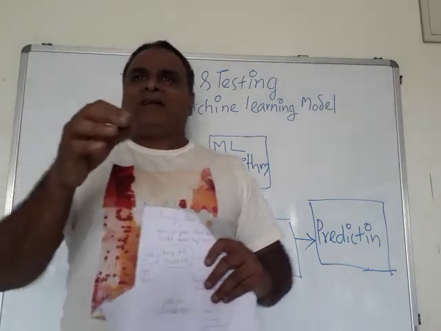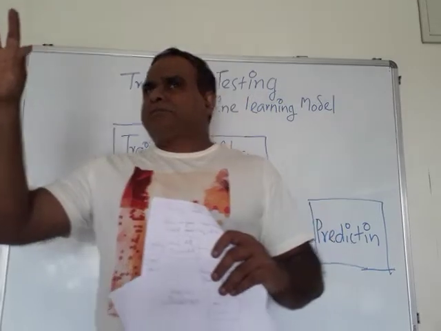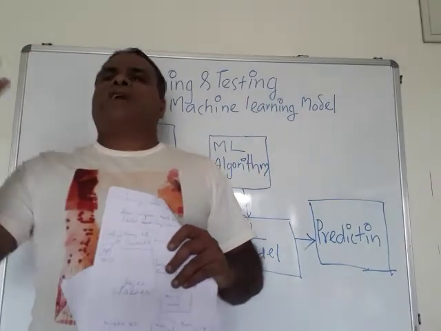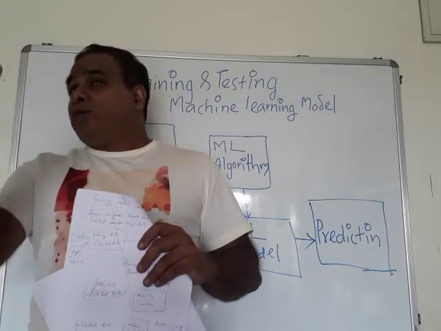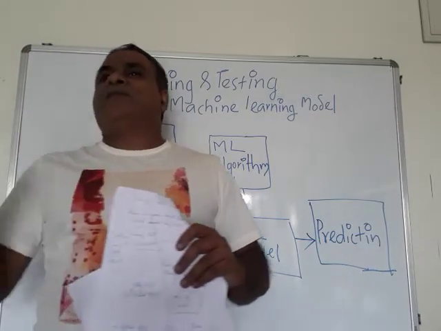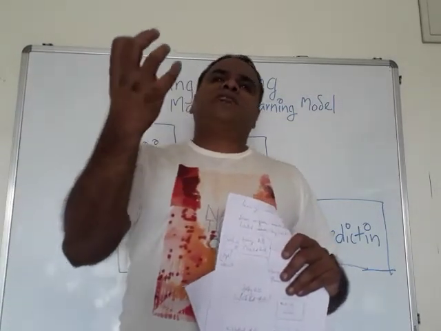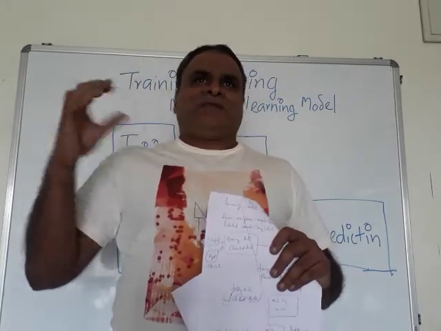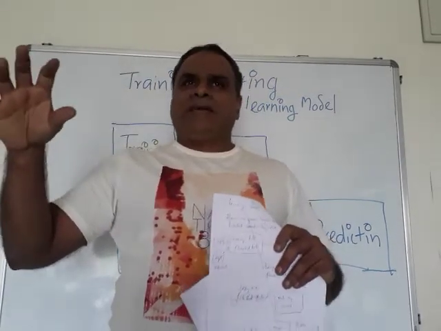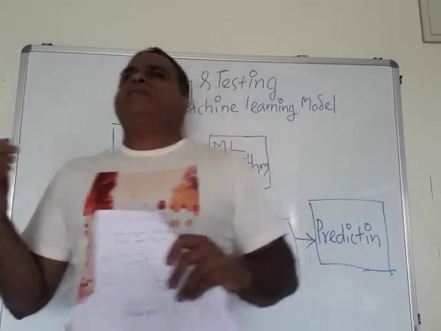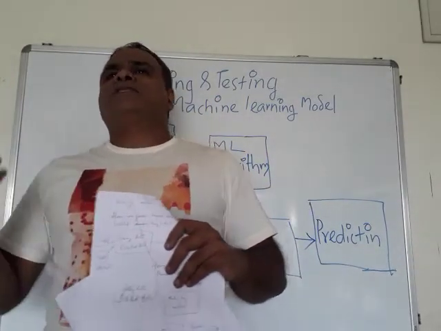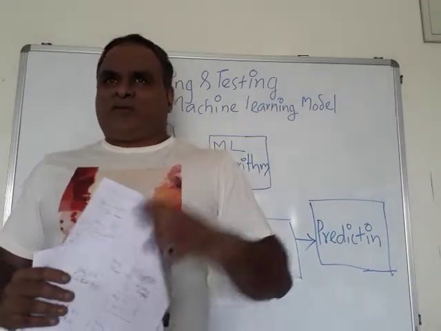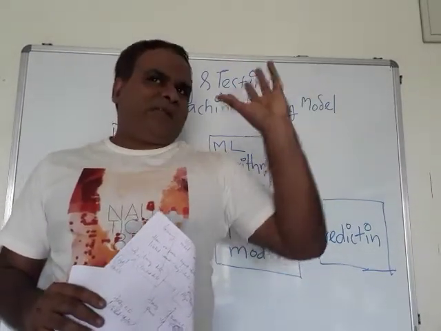For example, you have photos of animals. Those contain horse, lion, tiger. You want to segregate the photos of tiger from it. So all types of photos are there, but you want to use your machine learning model to segregate the photos of tiger from it. So first you will give the labeled data.